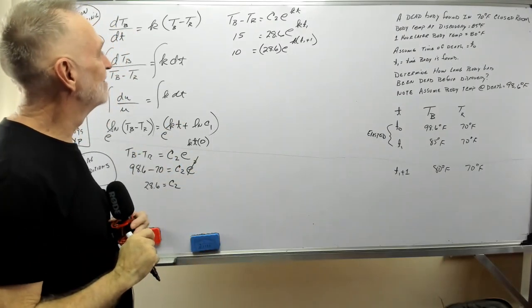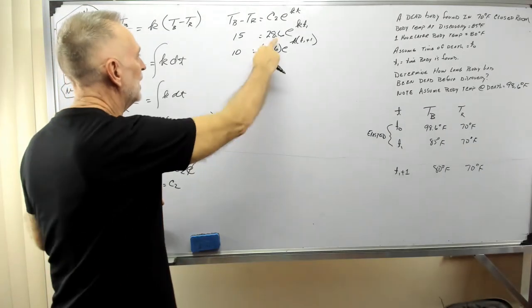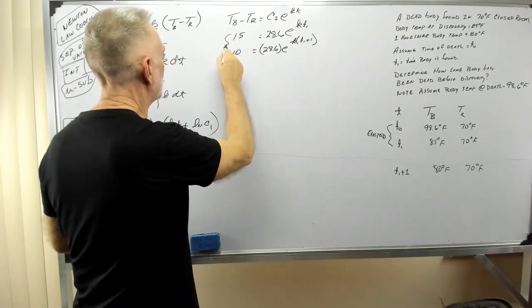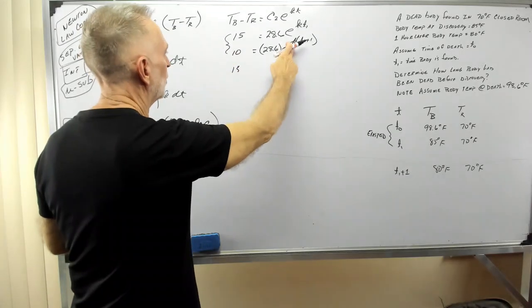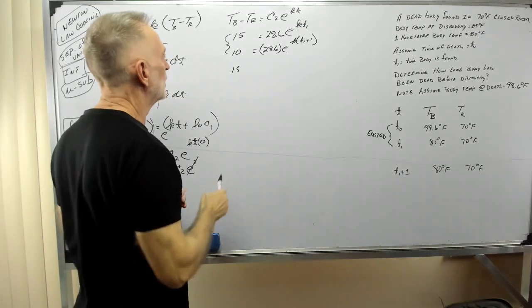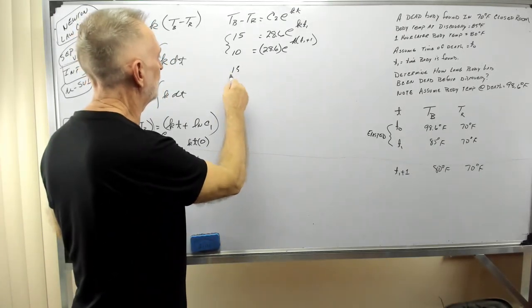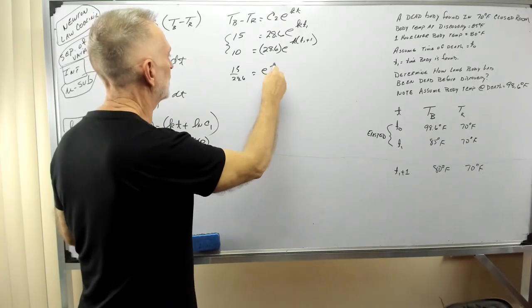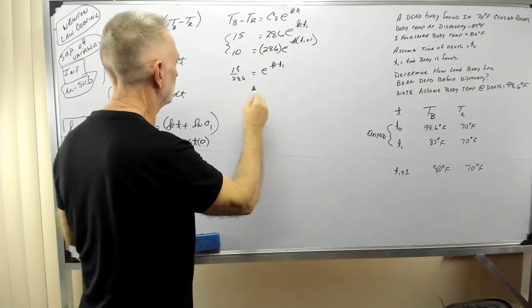All right. Now let's divide by 28.6. I have 15. I have two equations here now. I only have one variable I'm trying to figure out, but I have two different times. So I have 15 divided by 28.6, and that equals e to the kt1.